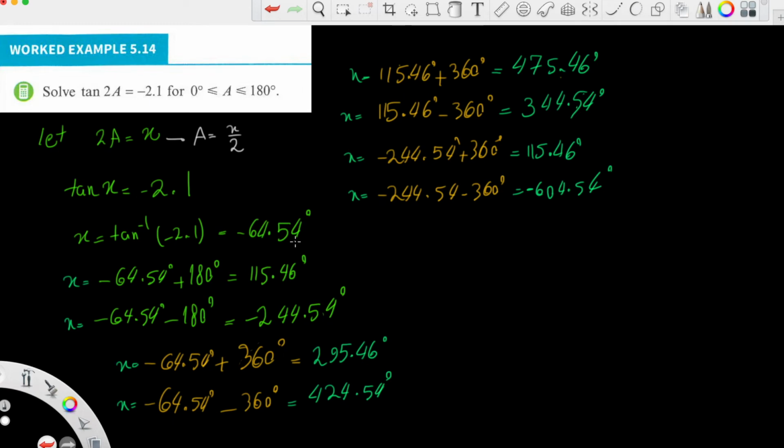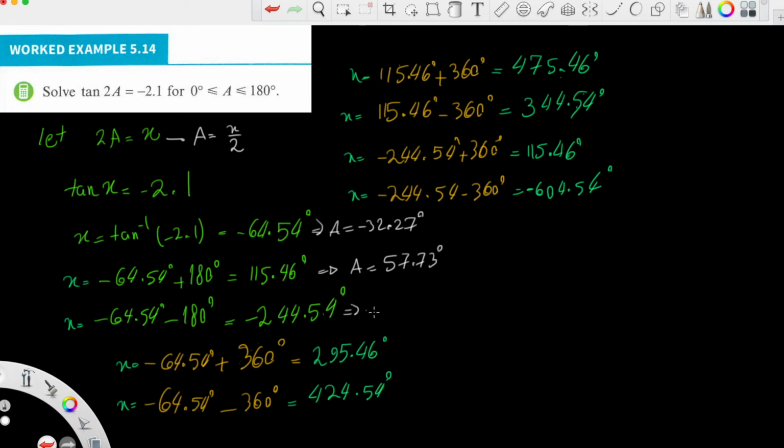So here a will be negative 32.27. For the next, 115.46 divided by 2, a will be 57.73.